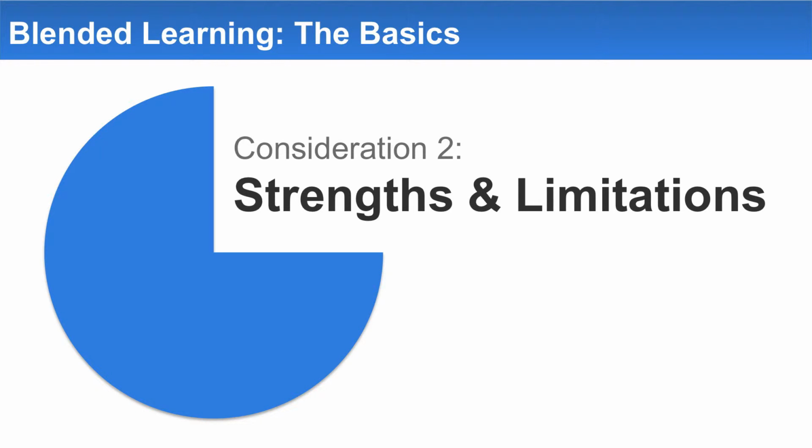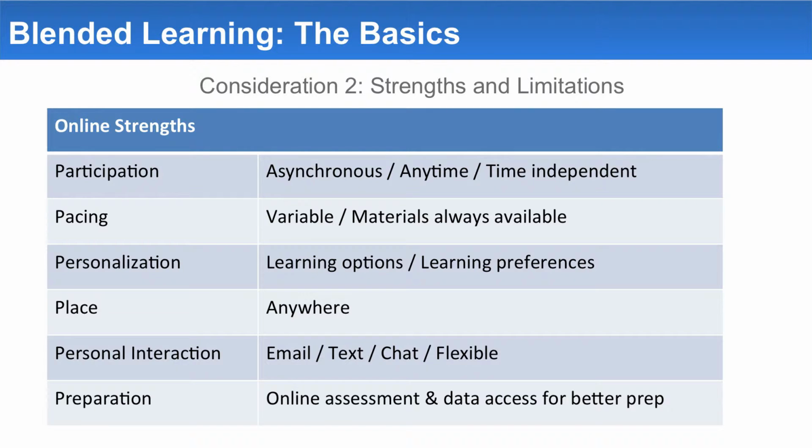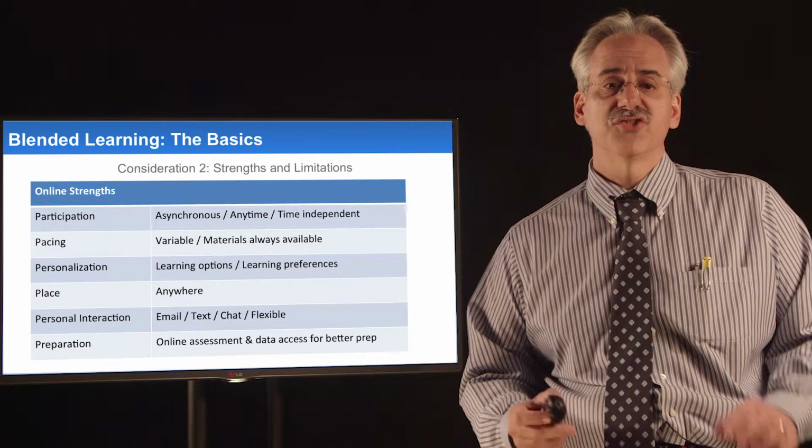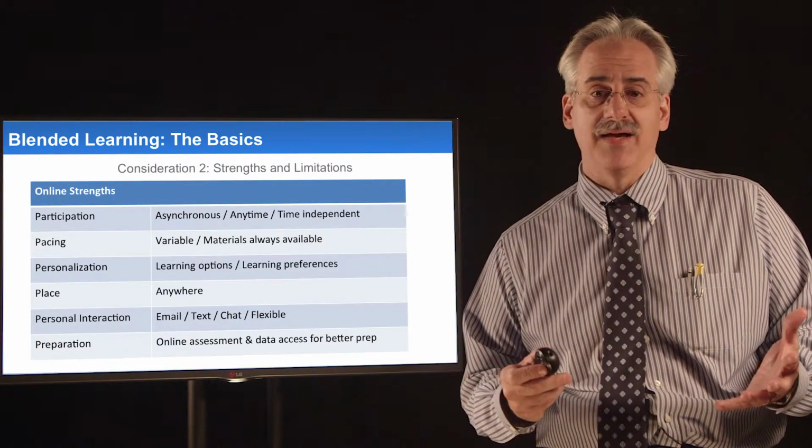Consideration number 2, look at the strengths and limitations of both online and face-to-face learning. What could be done really well using online tools? We choose to look at this through the 6 lenses of participation, pacing, personalization, place, personal interaction, and preparation. What are the strengths of online tools and technologies?